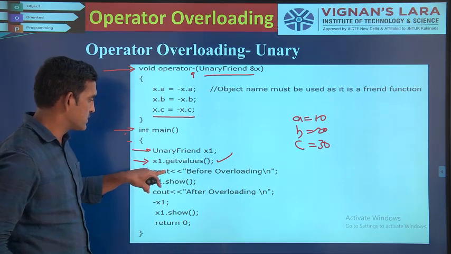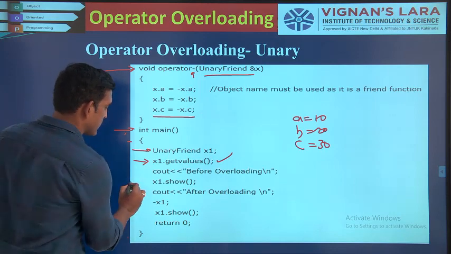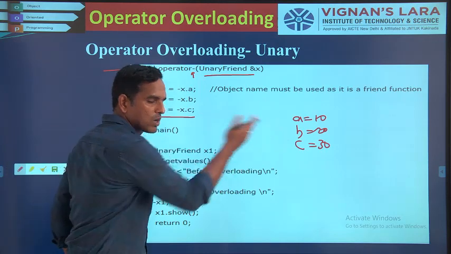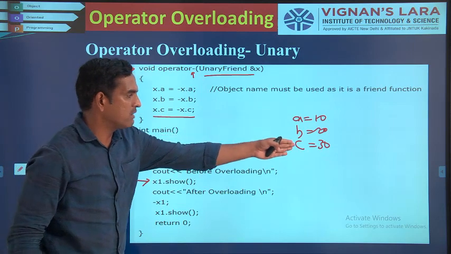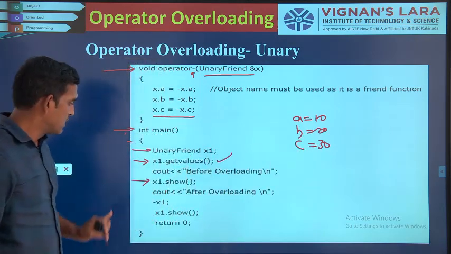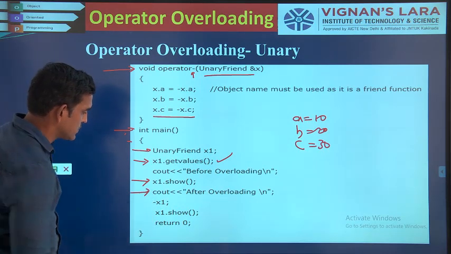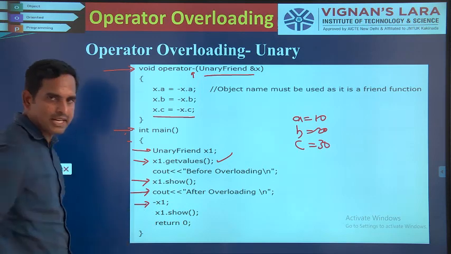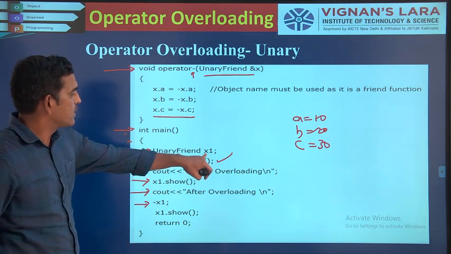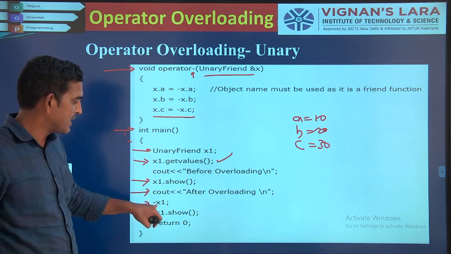Then cout before overloading, that is first I am printing all the values before overloading. So before overloading the values A, B, C will be 10, 20, 30. Next, after overloading, I am performing minus x1. So you have the initial object x1, and now I am performing minus x1.